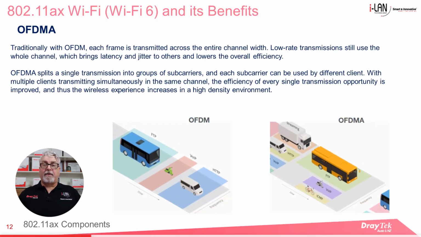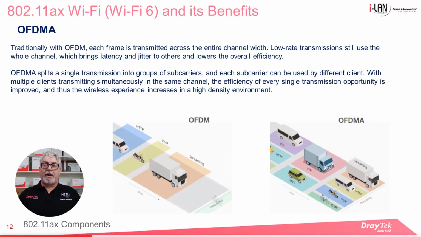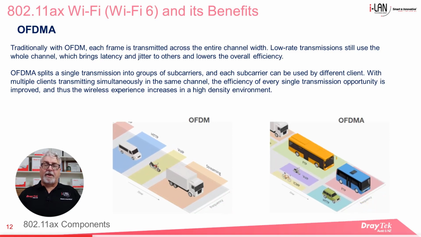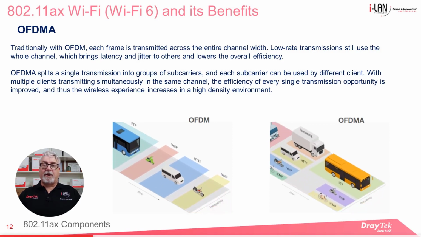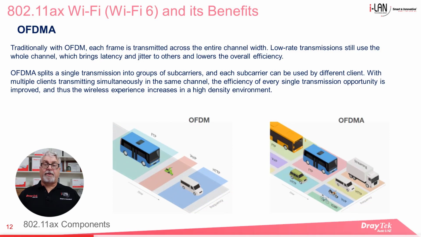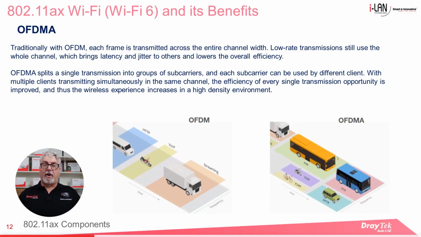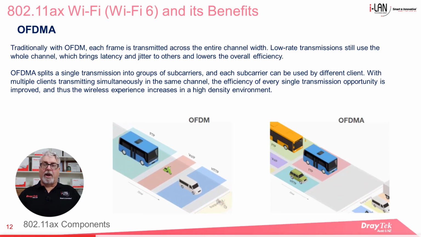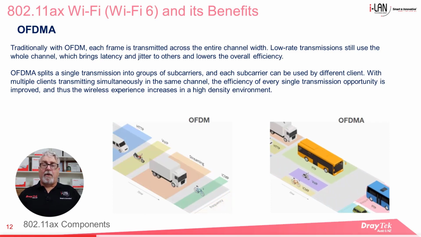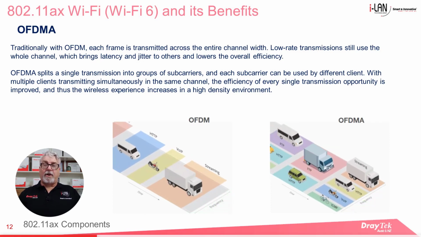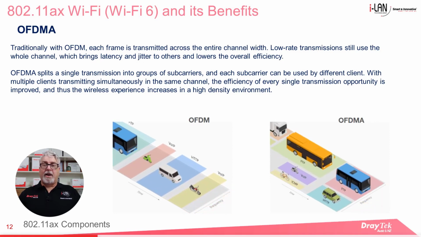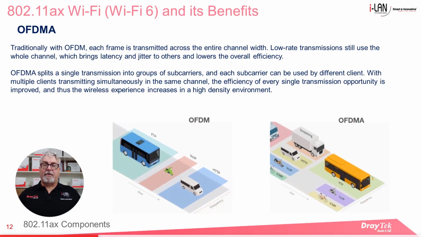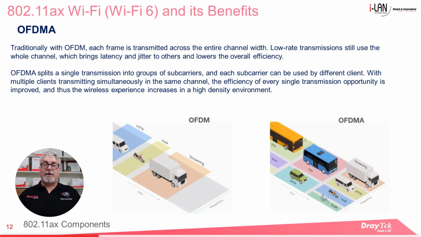Here we have an illustration of the differences between OFDM and OFDMA. With OFDM technology, each frame is transmitted across the entire channel width. This results in a low rate of transmission for high density applications, resulting in latency and jitter, along with lower overall efficiency. However, with OFDMA, each Wi-Fi channel is split into tiny chunks, allowing multiple devices to transmit and receive simultaneously on the same channel.